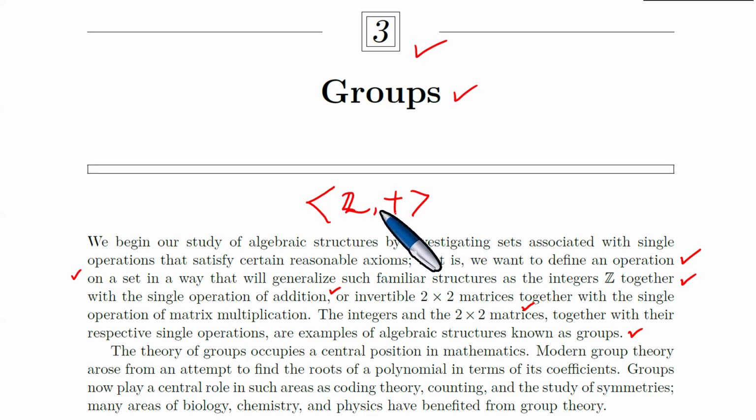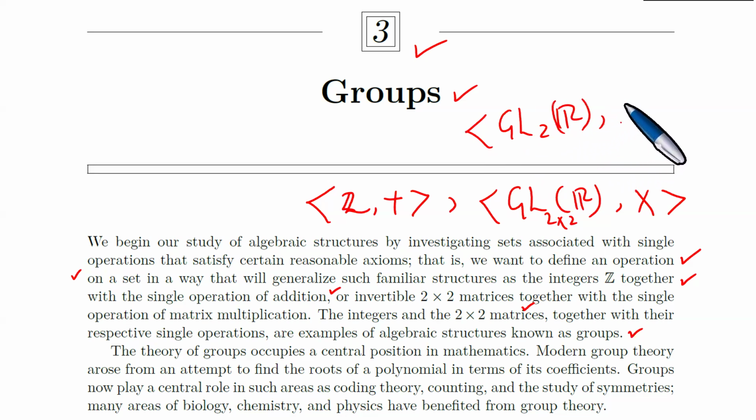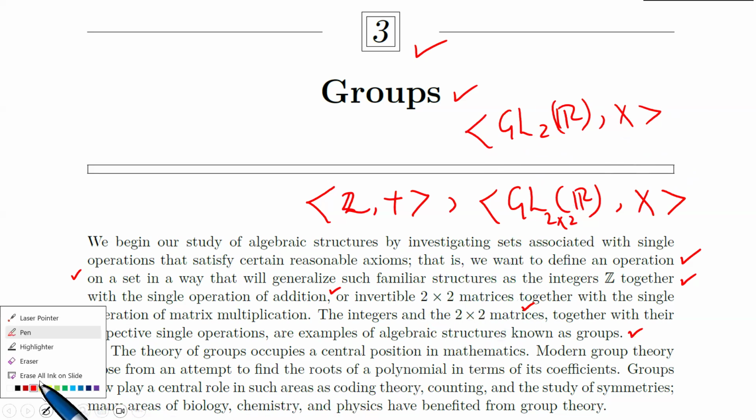You have the set of integers together with addition, and the general linear groups, for instance, of 2x2 matrices with the operation of matrix multiplication. You can look at GL2, because already it's square matrices, GL2 with multiplication there.